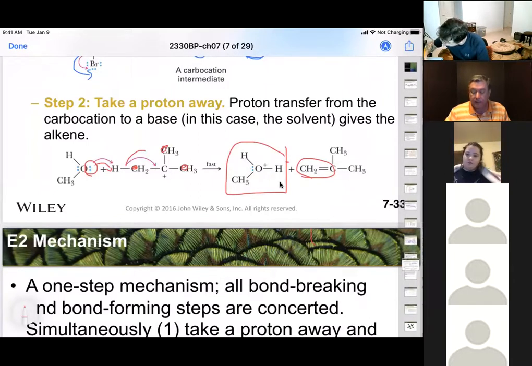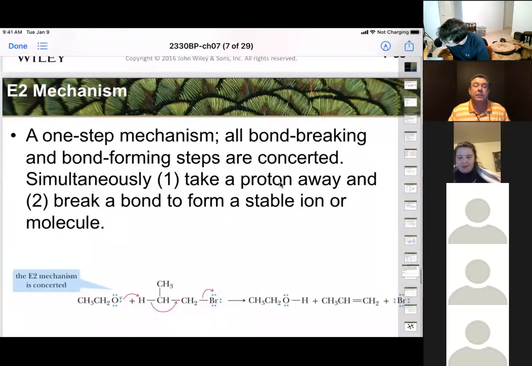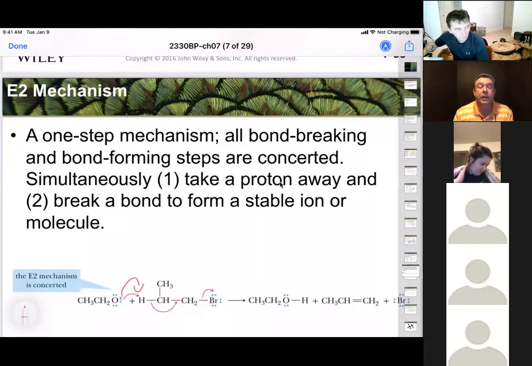In contrast, the E2 mechanism happens all at the same time. So what you want is probably a strong base to come in and start tugging on your hydrogen first. When it does that, it comes in with its electrons, starting to form that bond with the hydrogen.